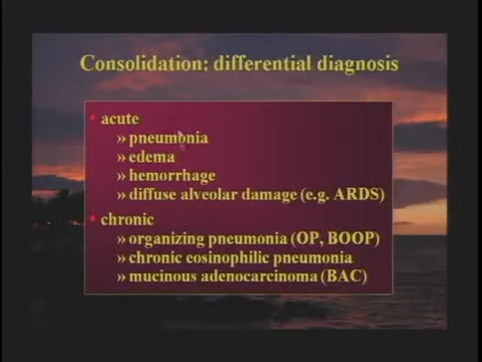If you see consolidation in patients with chronic symptoms, and by that I mean 6 weeks or more, then I think of organizing pneumonia, chronic eosinophilic pneumonia, and what we used to call diffuse BAC, bronchioloalveolar carcinoma, but the name is in the process of being changed to invasive mucinous adenocarcinoma. That is a change that's occurring. BAC is not a term we're going to be using in about a year. I'm not even using it anymore now.